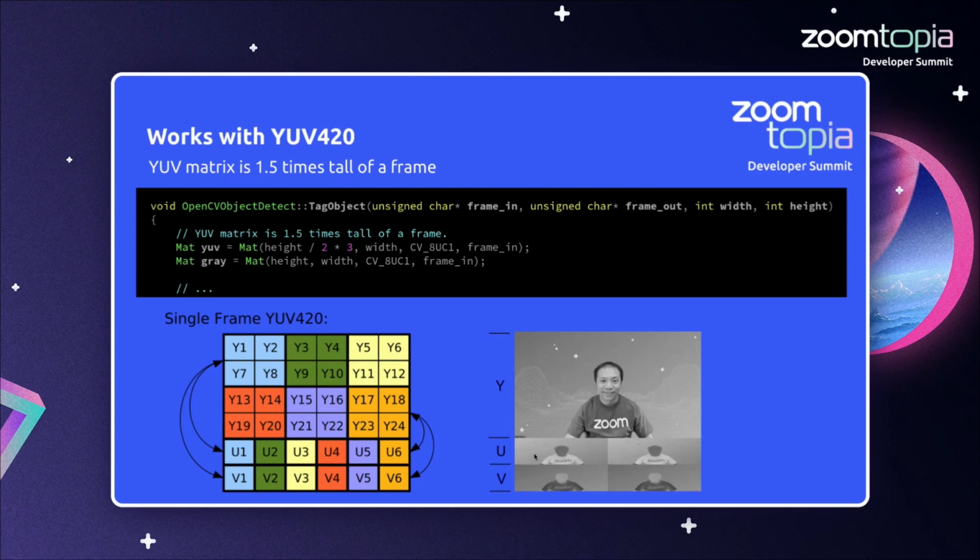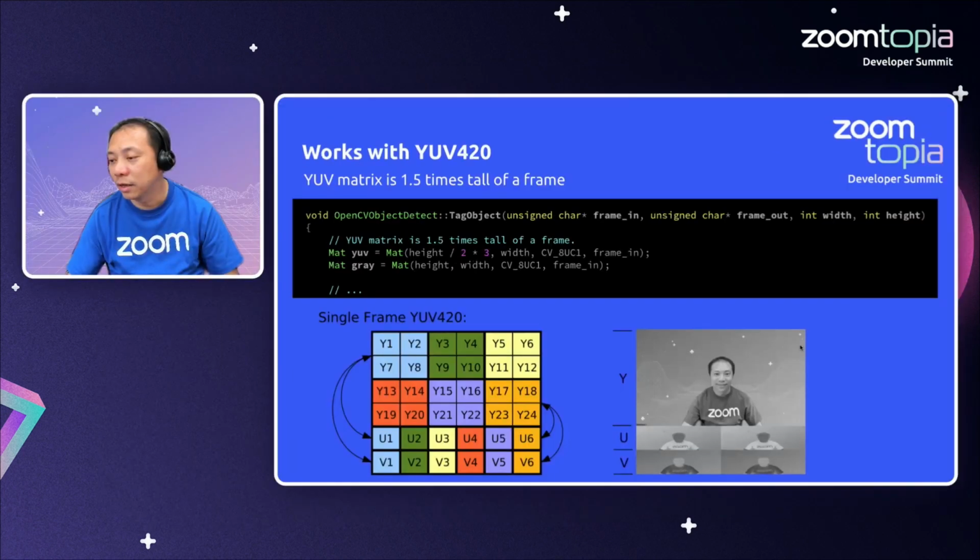The bottom third is U plus V. So the full frame of YUV data, the data Zoom's API feeds you as raw data, is a big matrix that includes the three parts Y, U and V. The size of the frame is 1.5 times the actual image resolution, because Y is already the full resolution of the image, but with no color, just brightness information.